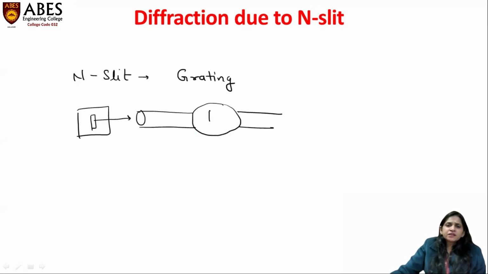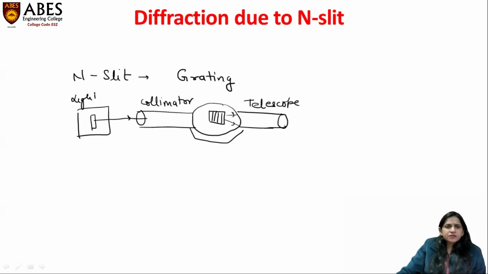The grating is also kept on the spectrometer by a holder. When the light is incident from the collimator on the grating, the diffracted pattern we get can be studied from the telescope. So this is the telescope, this is the collimator, this is the light source.